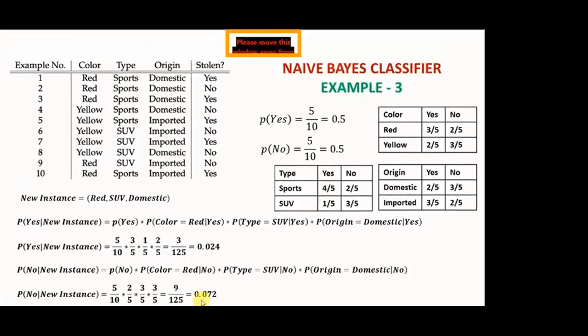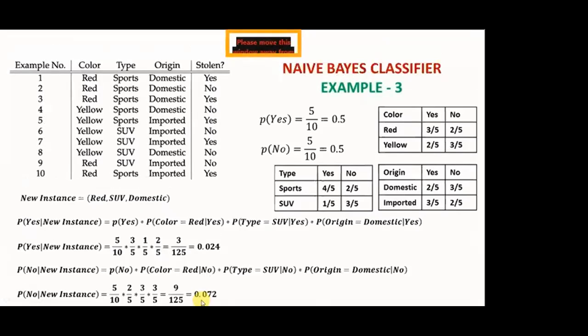So the probability of not being stolen is 0.072, and the probability of being stolen is 0.024. So the probability of this vehicle not being stolen is higher. So you can classify this new instance as not stolen.